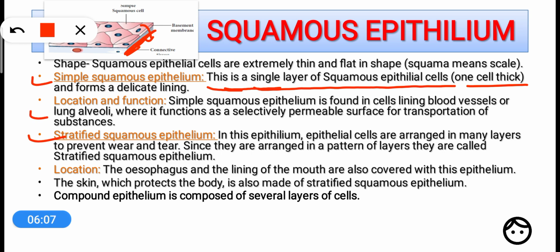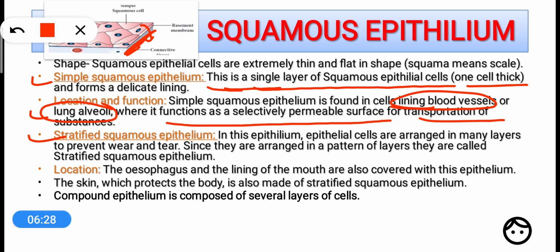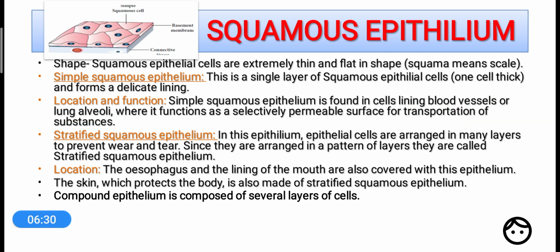So the simple squamous epithelium is found in lining of blood vessels and lining of lung alveoli. So the example that I have given, lung alveoli and blood vessel, in both of them there is a single layer of squamous epithelium that is called simple squamous epithelium. Now there it functions as a selectively permeable surface for transportation of substances, for exchange of substances.